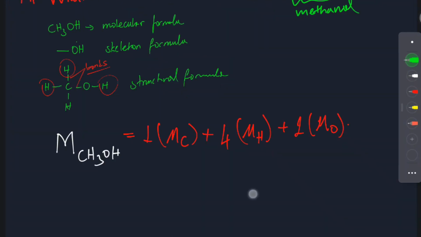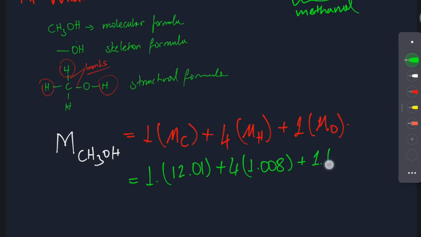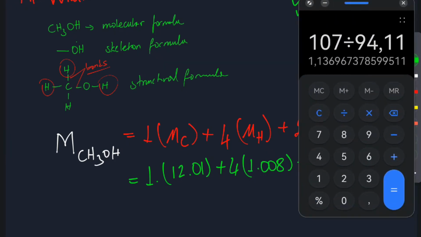To calculate the molar mass, we have to make the calculation. I will just write the molar mass values of hydrogen, carbon, and oxygen. Then we can calculate.